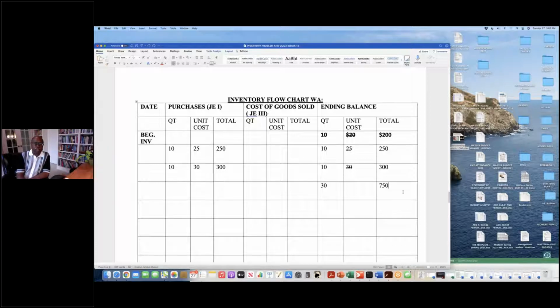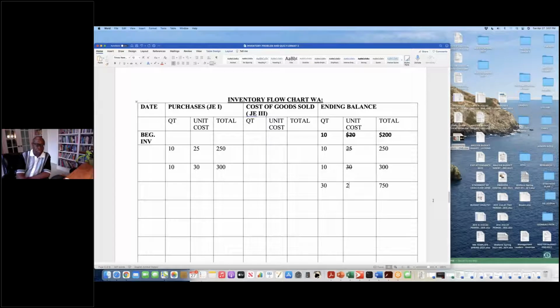We then simply divide the total cost, 750, by the quantity. And if we divide 750 by 30, what number are we going to get? I got 25.